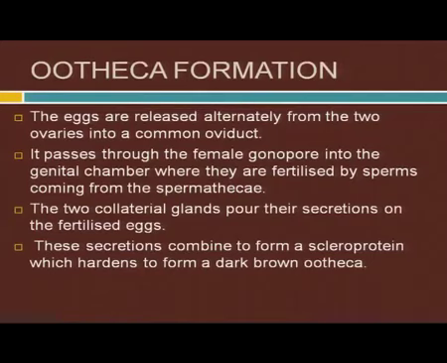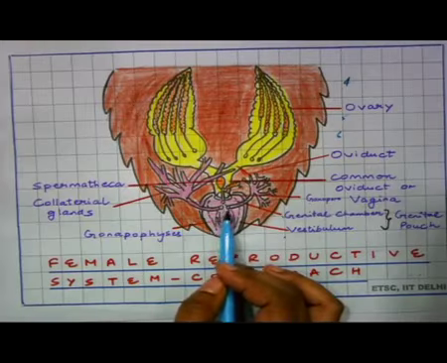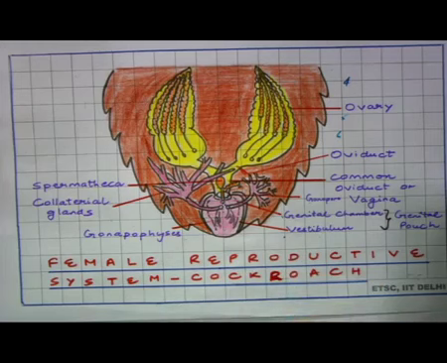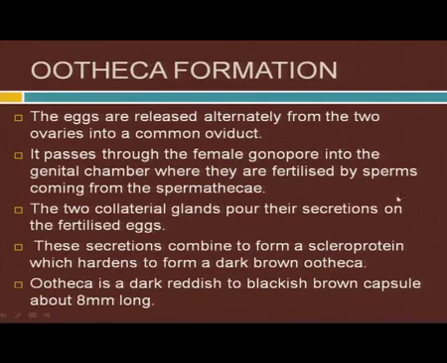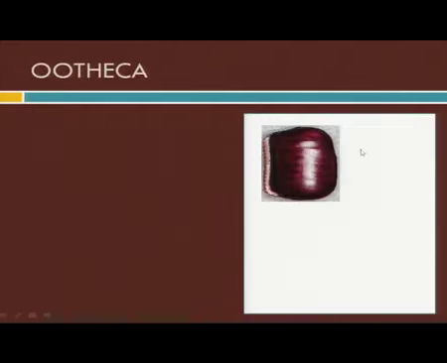So, these secretions are important for the fertilized ova to get together and form a coating of scleroprotein over them, which hardens and leads to the formation of a dark brown ootheca. Ootheca is a dark reddish to blackish brown capsule which is about 8 millimeter long. Here you can see the ootheca.